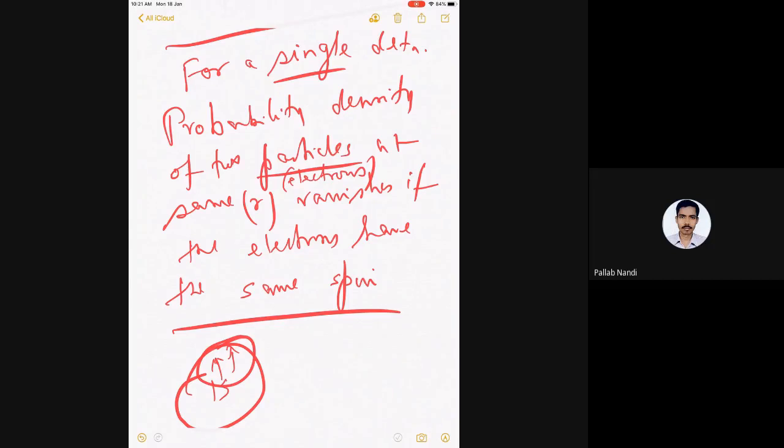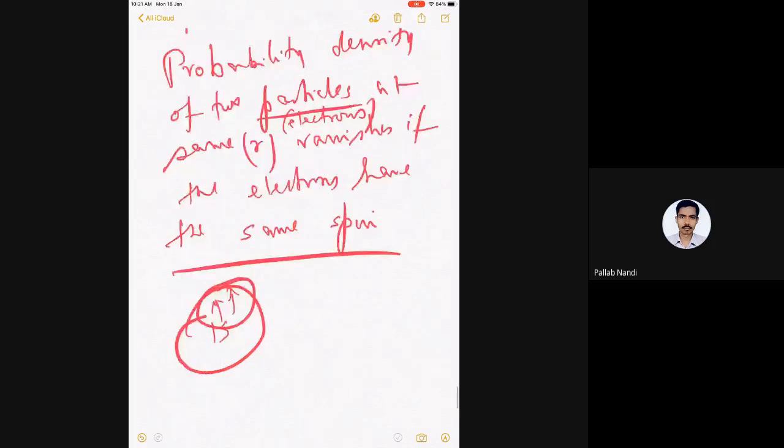If you look at the 1s orbital as one point, which is the wrong way to look at it, within the 1s orbital they cannot come at the same point. But we know that is not even possible because of the Pauli principle. What I'm trying to tell you is that if you have a 1s and a 2s, both of them have an extension, so there's an overlapping region. At the same point, a 1s orbital with alpha spin and a 2s orbital with alpha spin cannot come.